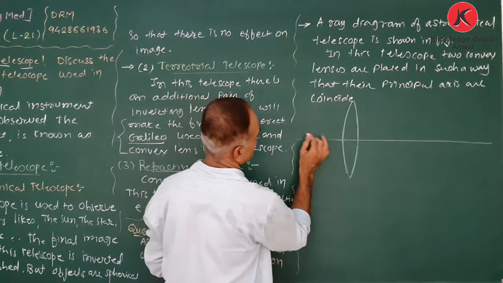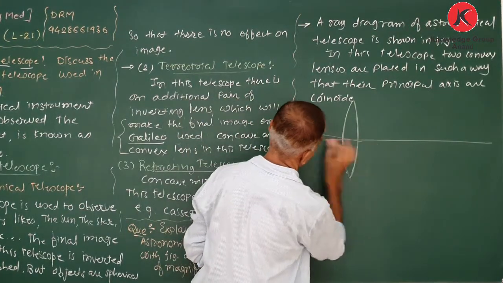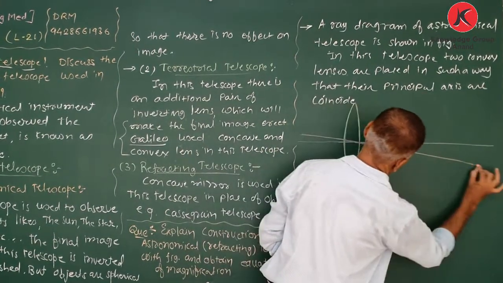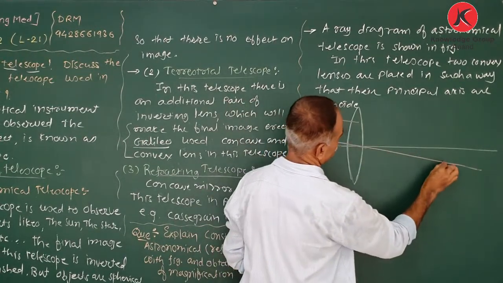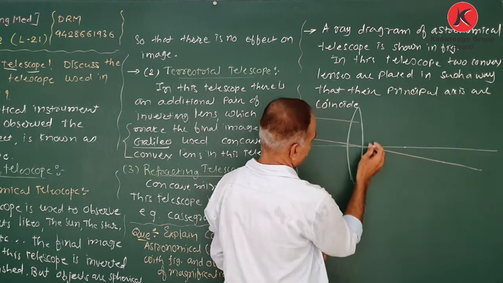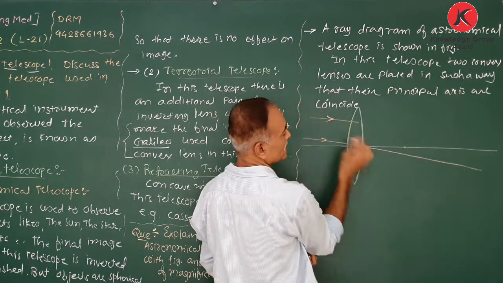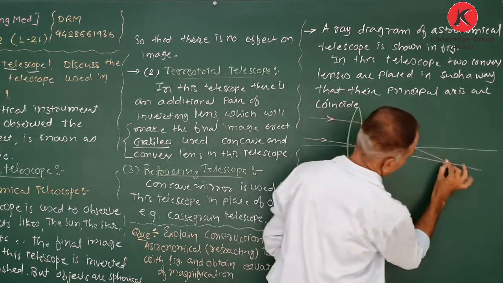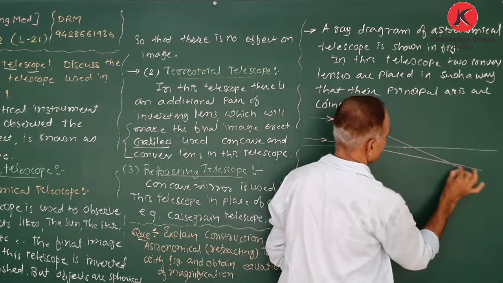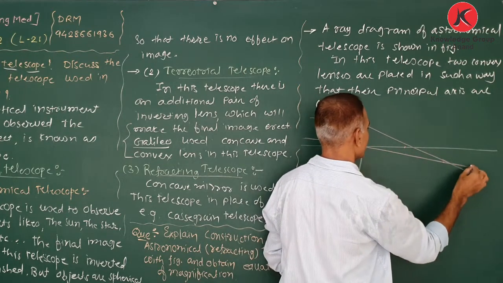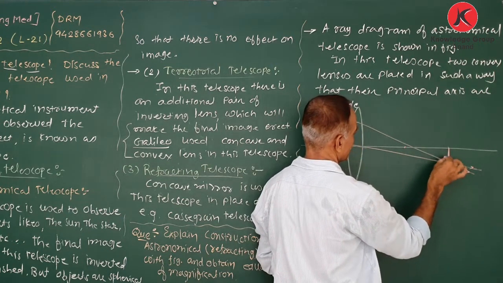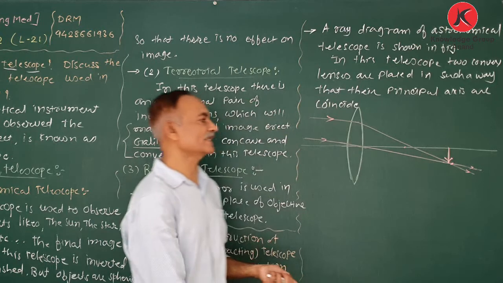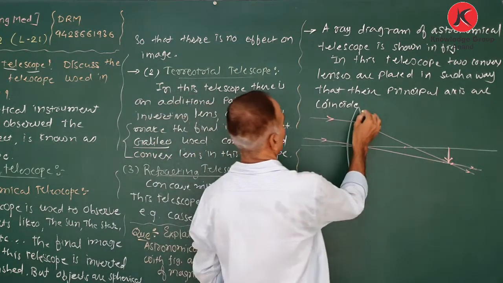Due to that reason, we consider this type of paraxial ray. After refraction, both rays meet at this point. So there is the image of the object formed by the objective.